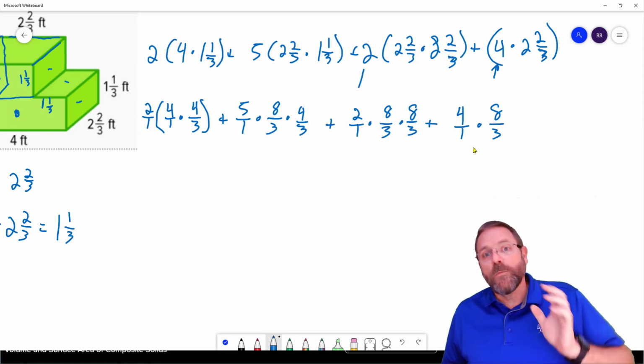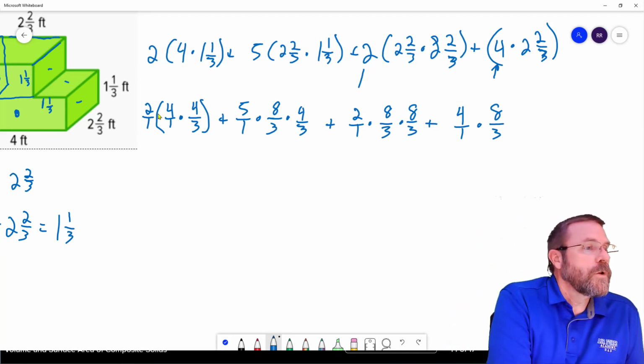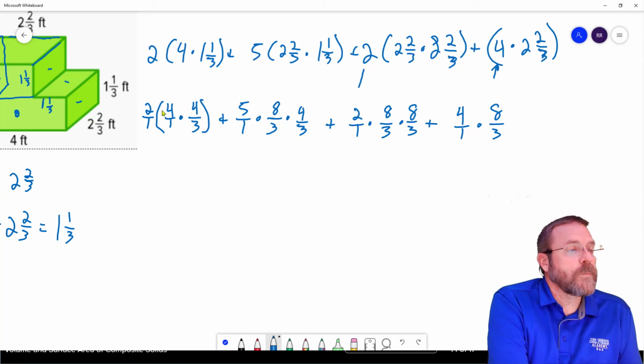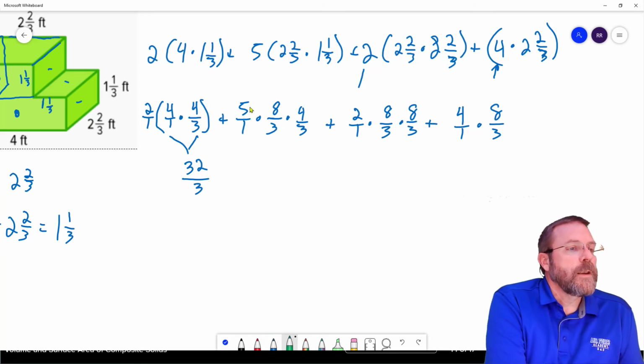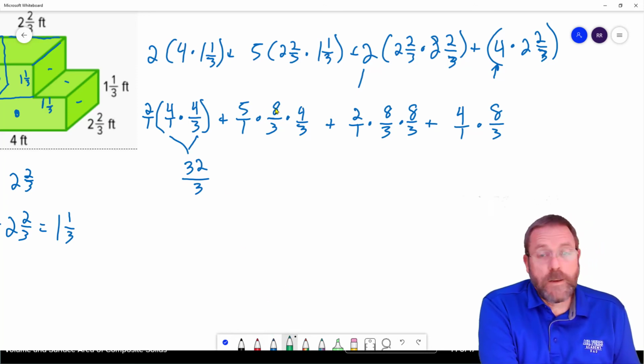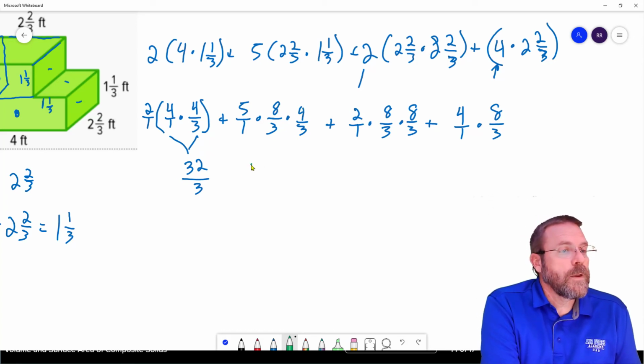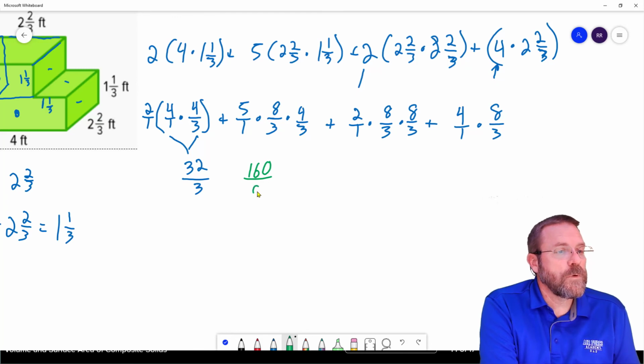Now we're going to do some numerators and denominators. 2 times 2 is 4. I'm sorry, 2 times 4 is 8. 8 times 4 is going to give me 32. 1 times 1 times 3 is going to be 3. So this one right here came down to be that. Next, 5 times 8 is 40. And then 40 times 4 is going to be 160 over 1 times 3 is 9.